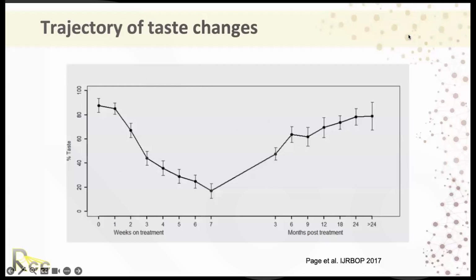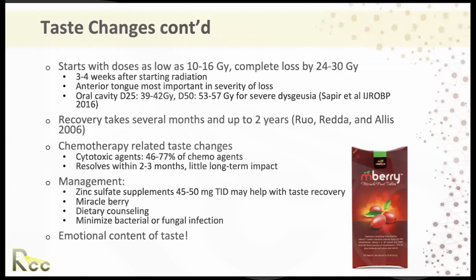But certainly it takes a while. The more the volume of how much oral tongue and base of tongue you're radiating is directly proportional, I think, to taste changes. So again, oropharynx, oral cavity patients probably suffer the most taste changes compared to, say, a paranasal sinus or a nasopharynx patient.